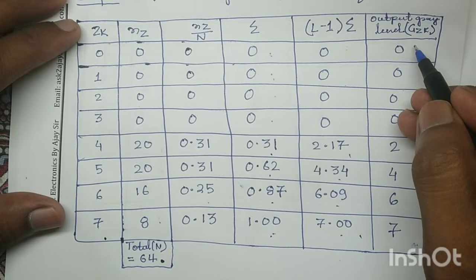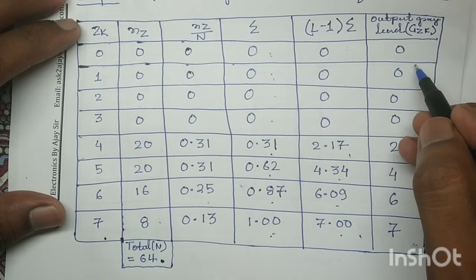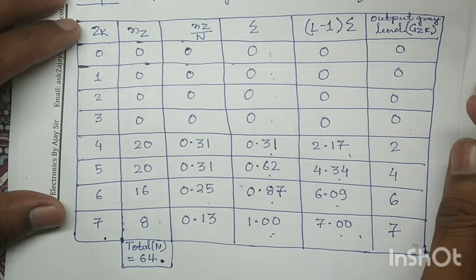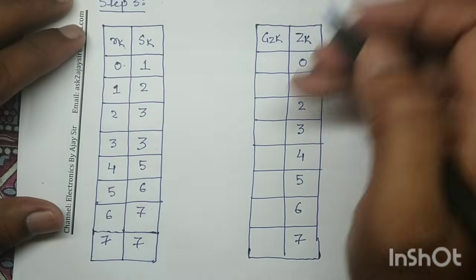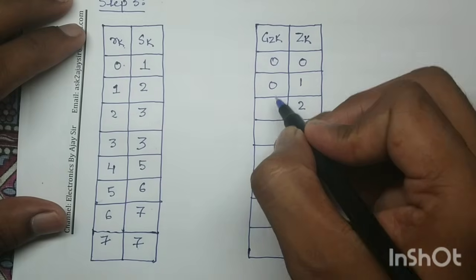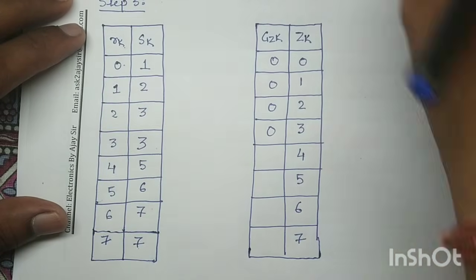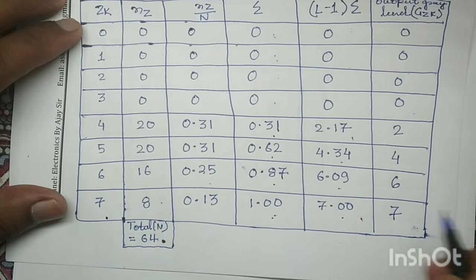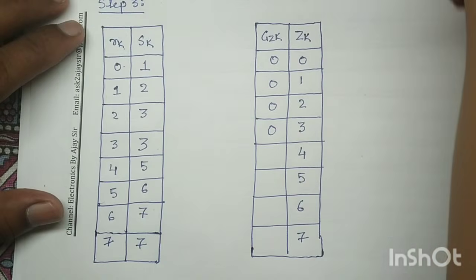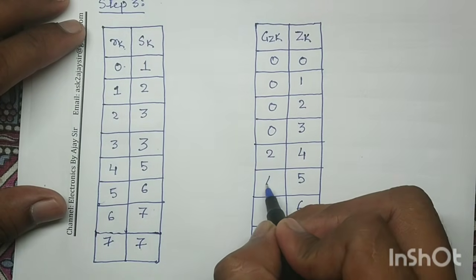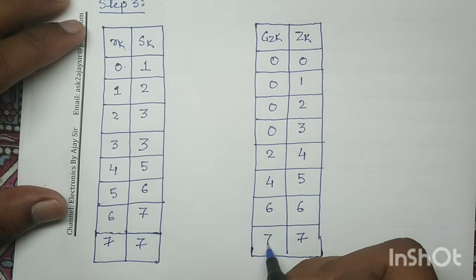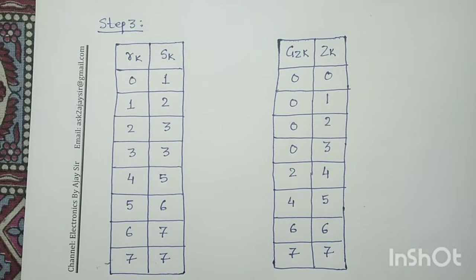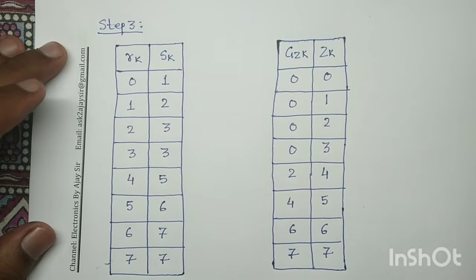And the corresponding values of GZK are 0, 0, 0, 0, 0, 0, 0, 0, 2, 4, 6, 7. So here I will write 2, 4, 6, 7. So next we will start the mapping process.